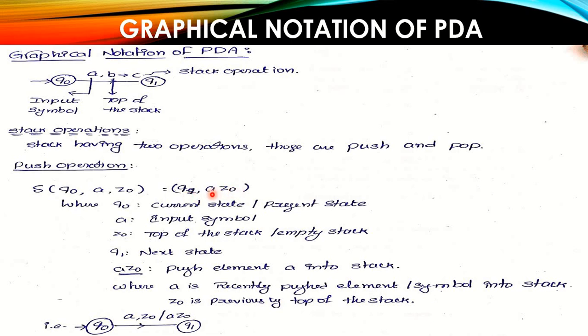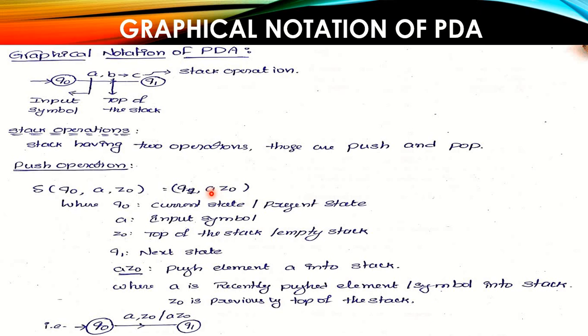Previously the top of the stack is z0 and the current input symbol is a. Here we perform the push operation, that means a is pushed into the stack. Before the push, the top of the stack is z0. After pushing a, the stack contains a z0, as indicated here.